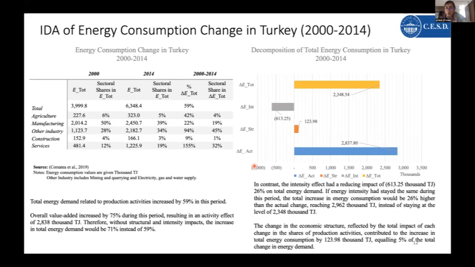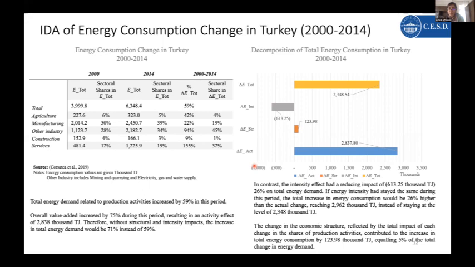As we see from the orange column, the structural effect has also had an increasing impact on energy consumption. To remind you what the structural effect is, it is the impact of the changes in sectoral shares in total output.